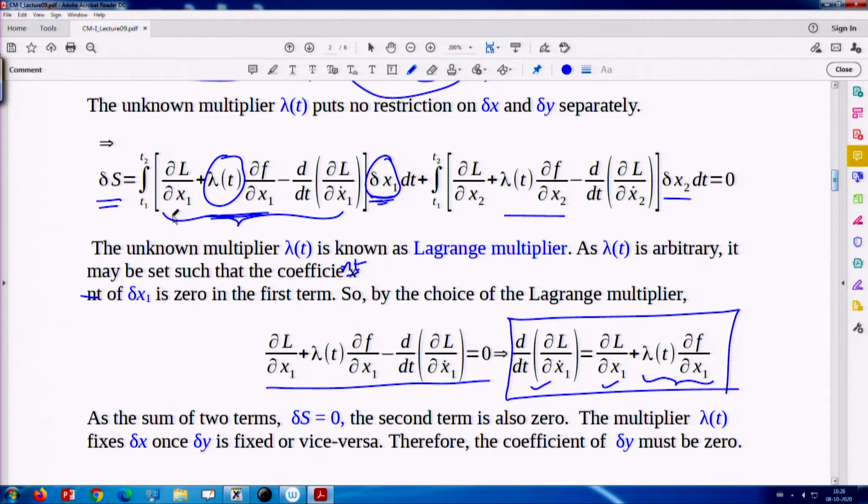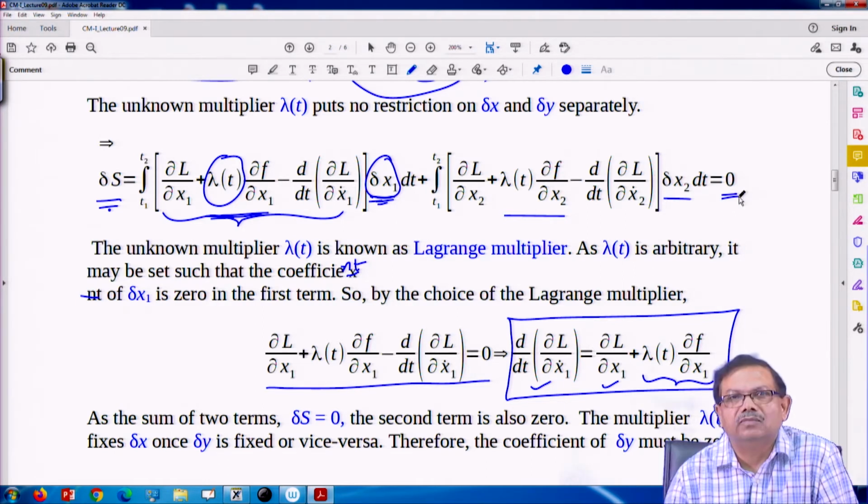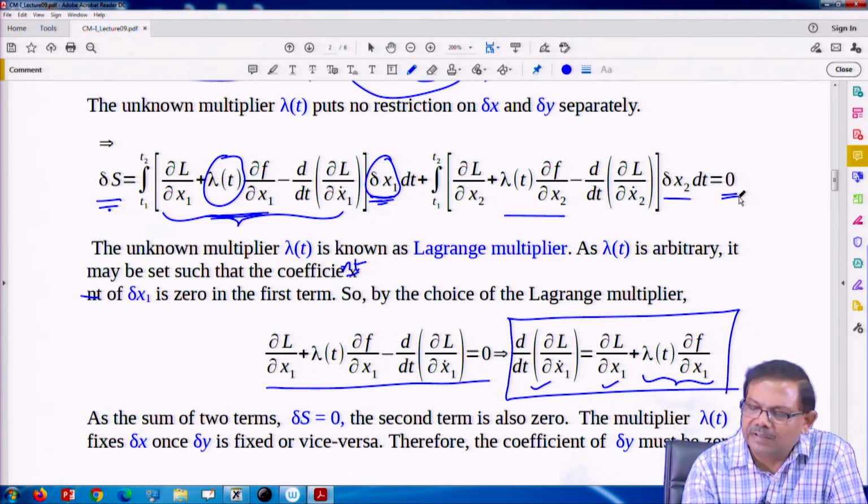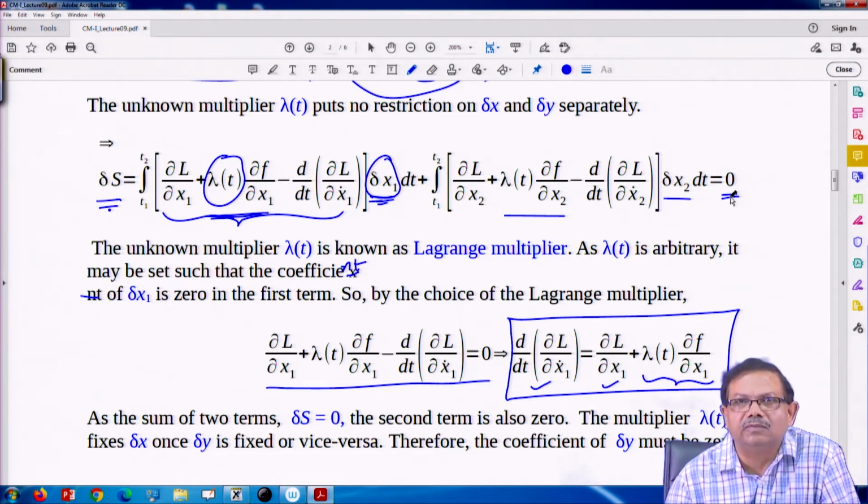As soon as this has been set equal to 0, since delta S, which is the sum of two integrals, is always 0, because S has a stationary value, that is what we have assumed, and that is why variation in S is set equal to 0.